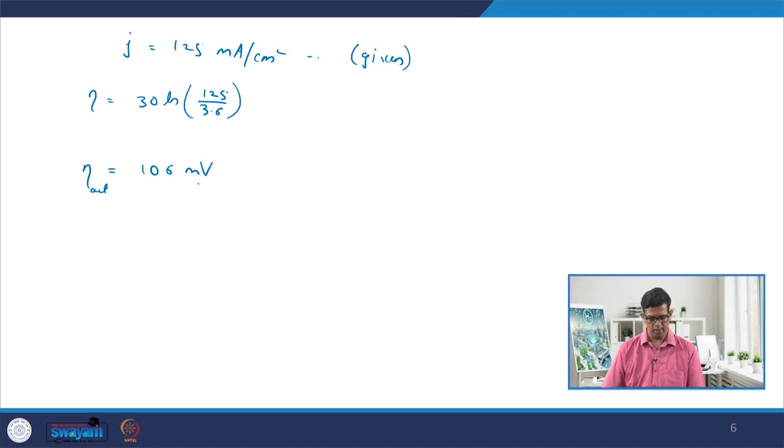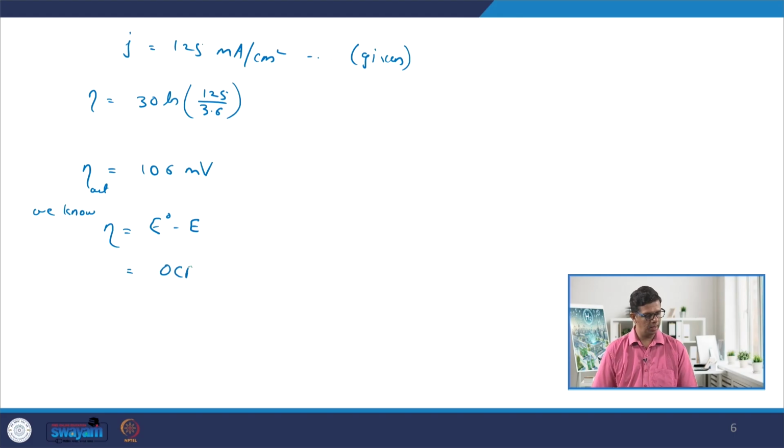So, once we find this out, we know eta is E naught minus E. However, in real practice, when it comes to fuel cells, this E naught is typically the open circuit potential. Let me write that, open circuit potential minus the operating potential. This is what we do in practice.